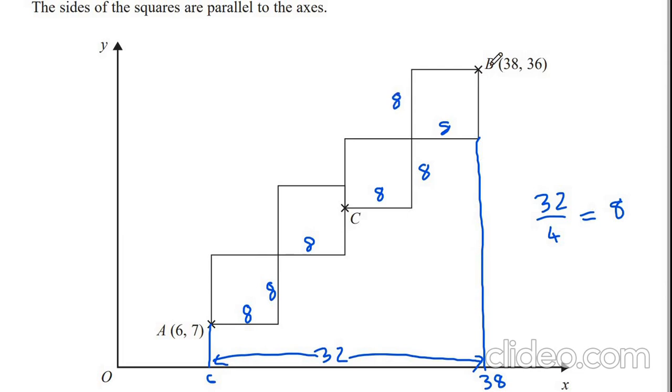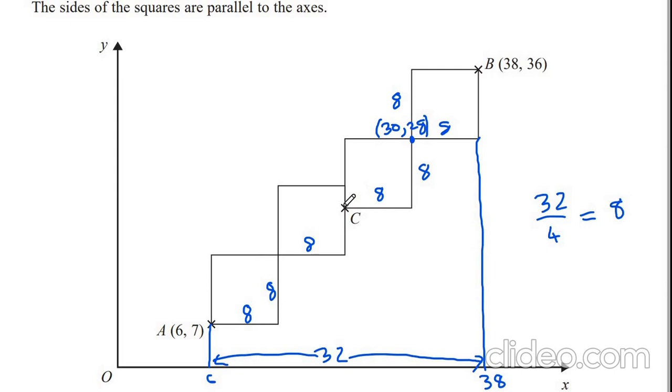Now, what should be the coordinates of this corner? Should it not be 38 take away 8 and 36 take away 8 as well? Yes. So this coordinate is 30, 28.